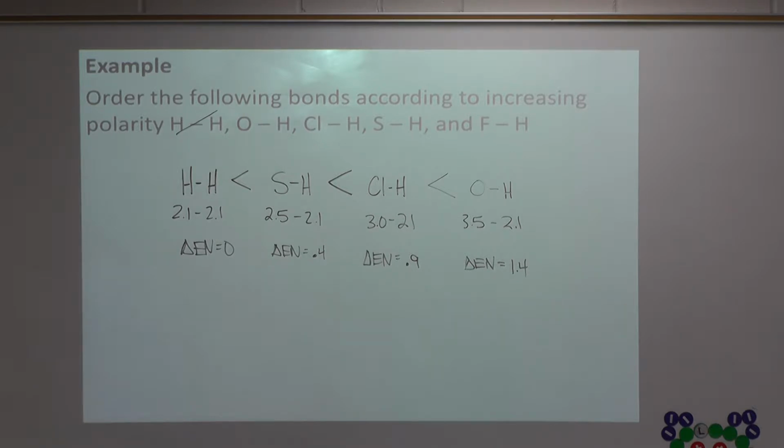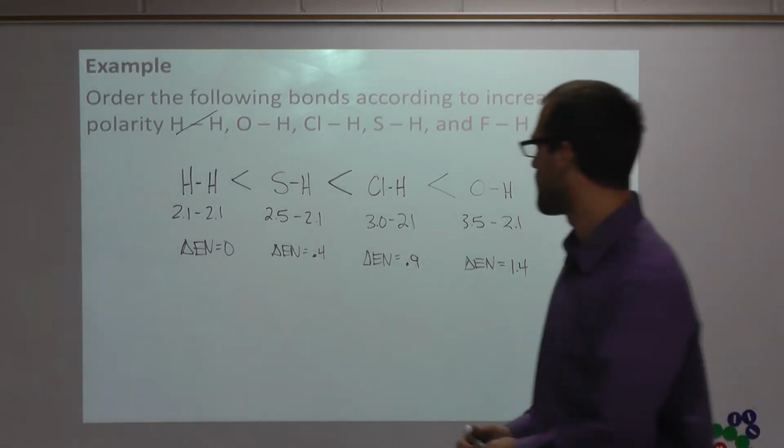Now, nitrogen and chlorine actually are identical. They're both 3.0. So you could probably throw chlorine in there and still call it one of the hydrogen bonding elements. But for whatever reason, they said that hydrogen bonding is specifically those three, and it's because they're the most electronegative. Oh, yeah, I remember that now.